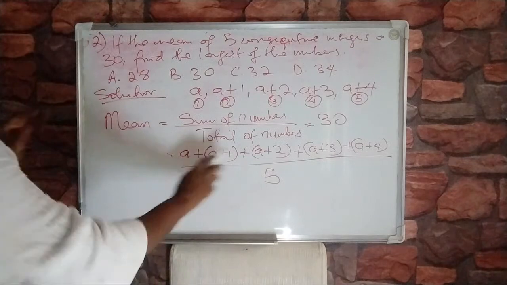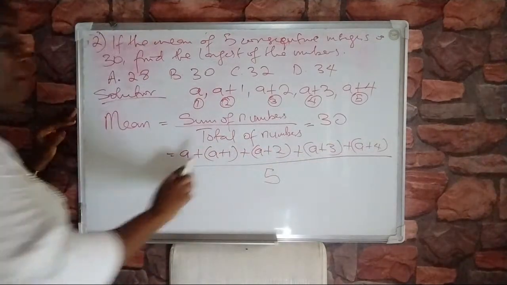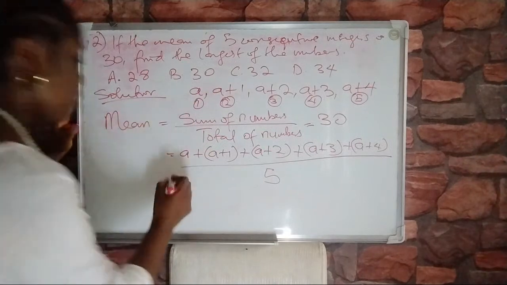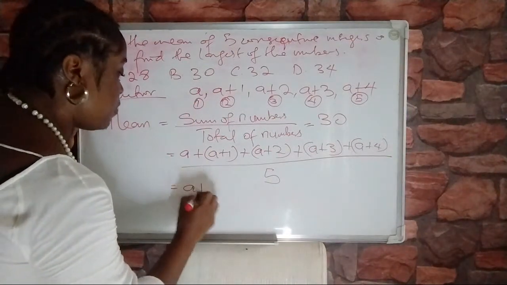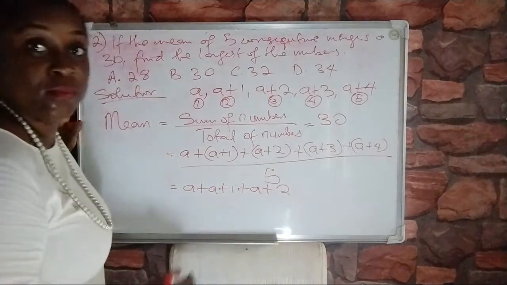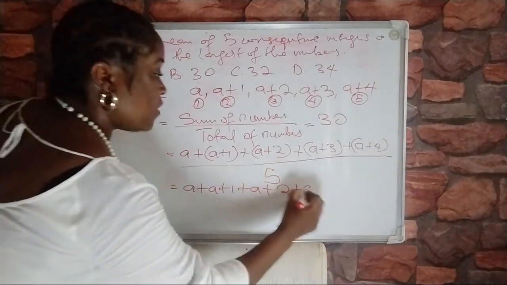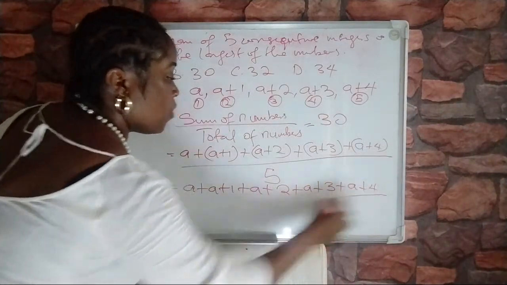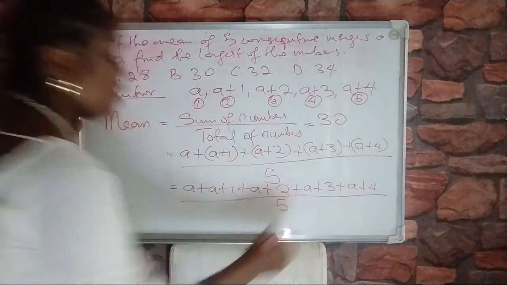So let's open up this bracket and add it up, then pick like terms. We have A plus 1 plus A plus 2 plus A plus 3 plus A plus 4 all over 5.